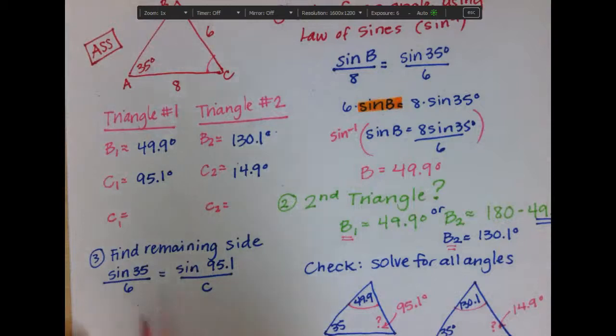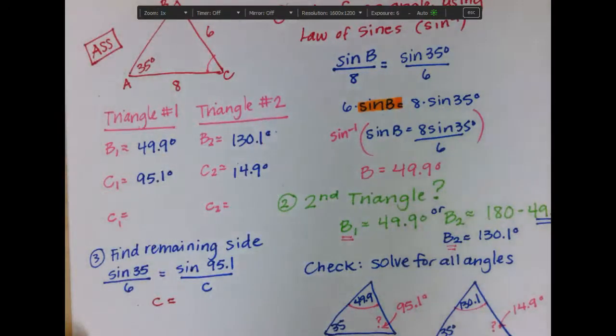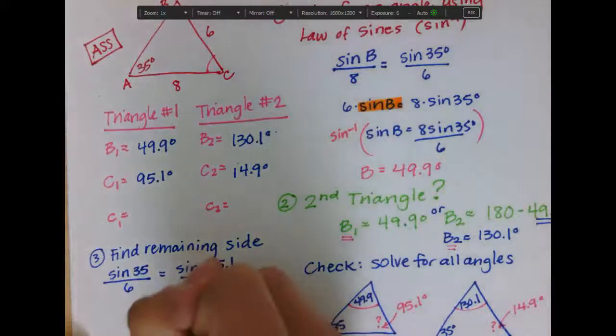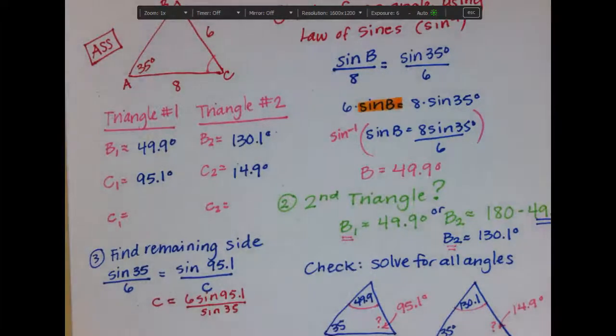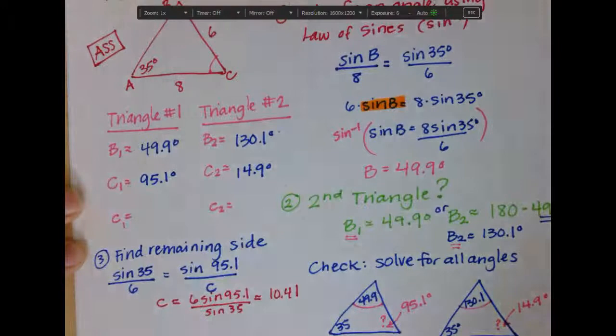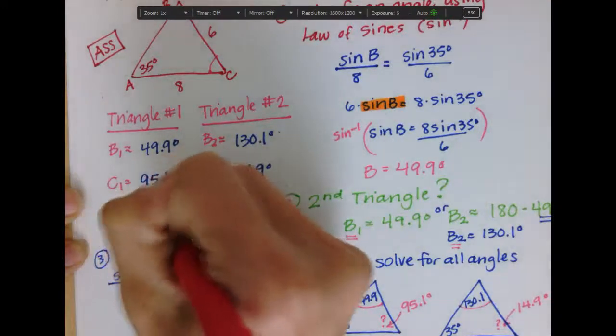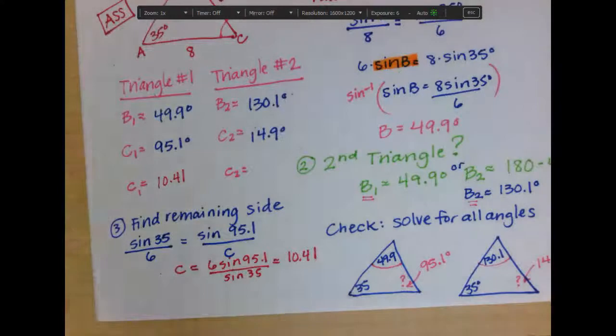So here we'll cross multiply and we'll divide, and that will give us 6 times the sine of 95.1 degrees divided by the sine of 35. So that will give us one possible solution for c, and that is 10.41. And that one's not in degrees because it's a side length, not an angle.